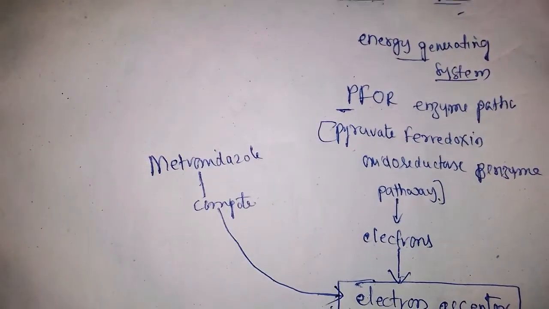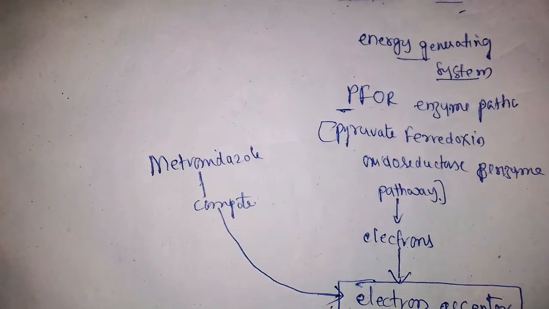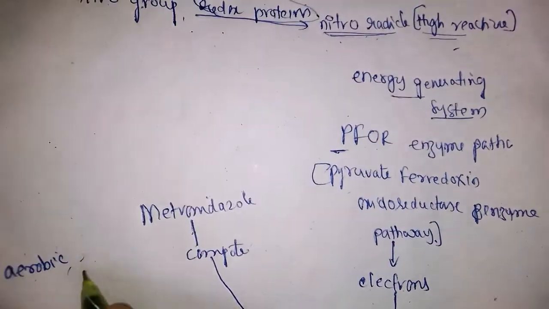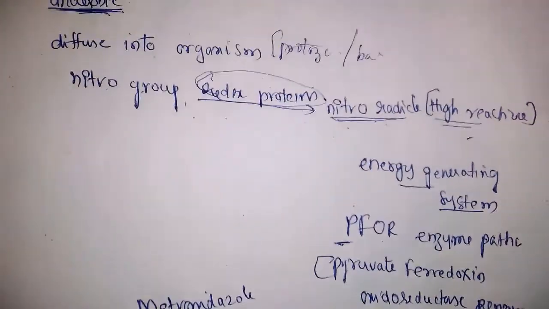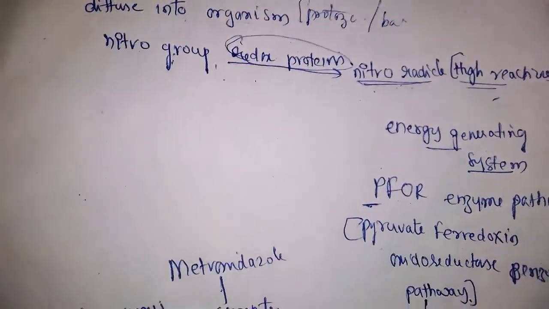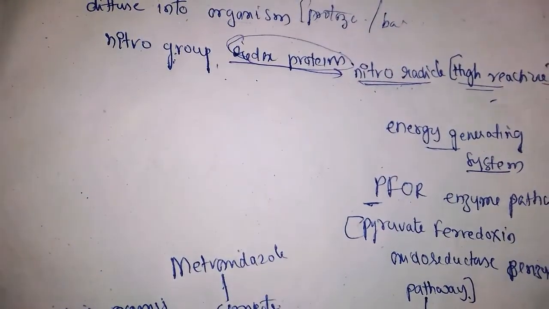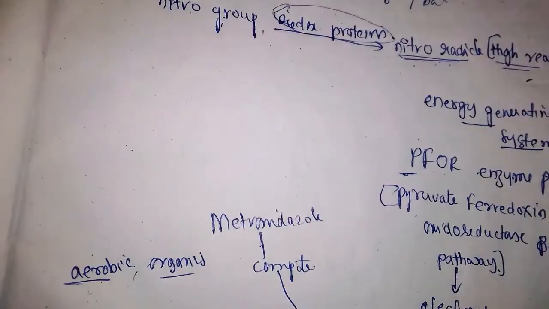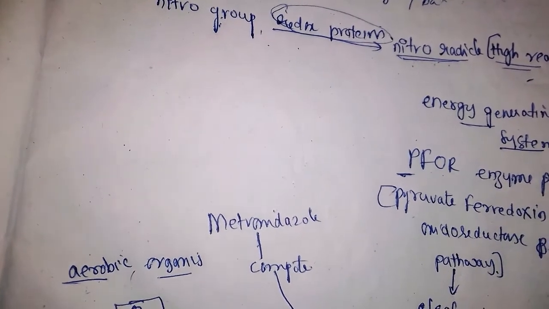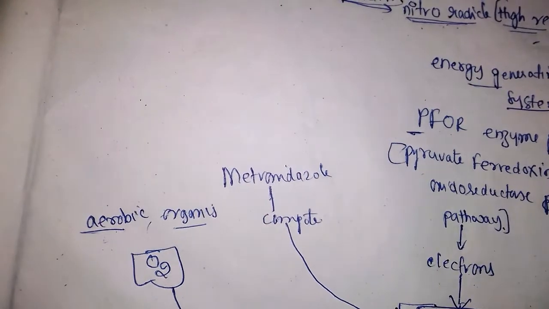The reason why metronidazole is inactive against aerobic organisms is that in aerobic organisms, the very first step, reduction of the nitro group to nitro radical, is absent. This step will not happen in aerobic organisms, hence the drug is not operative there. Moreover, the oxygen in aerobic organisms will also compete for the electrons.